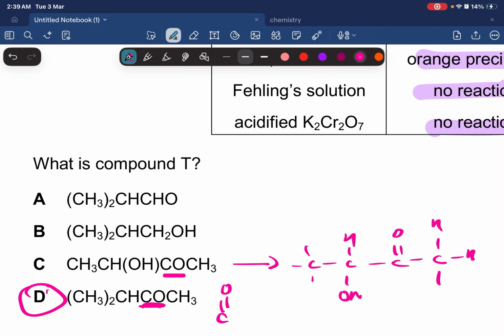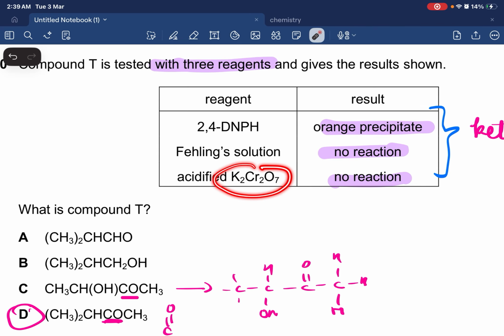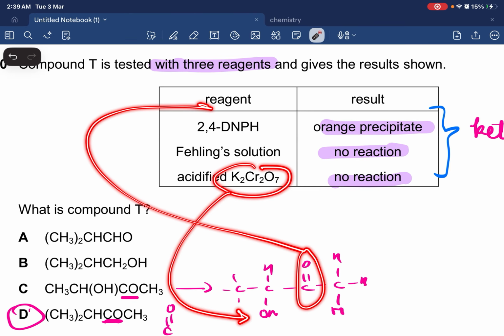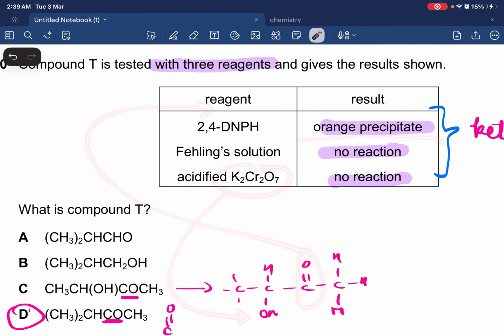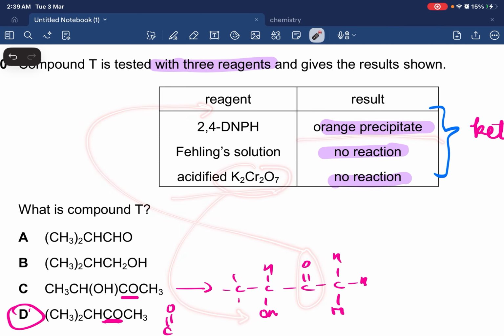Well, this compound is going to react with acidified K2Cr2O7. Why? Though it has a ketone group and it's going to give you a 2,4-DNPH orange precipitate, it's also going to react with acidified K2Cr2O7, because of this OH. So they say it doesn't react.